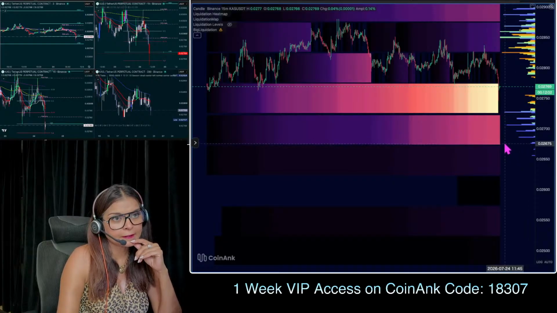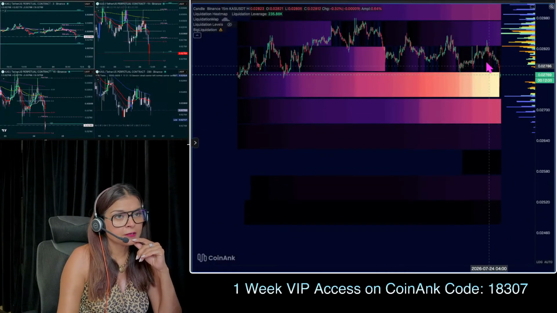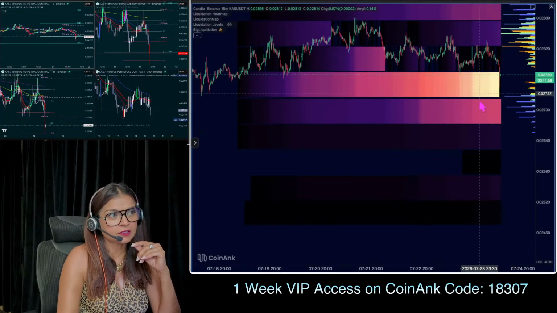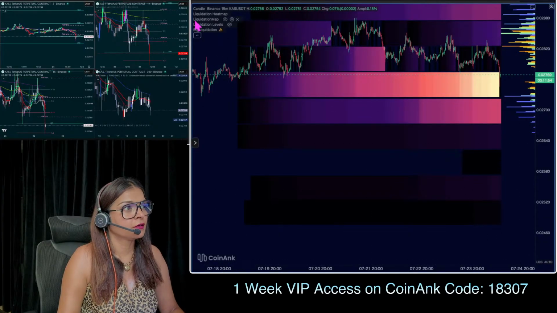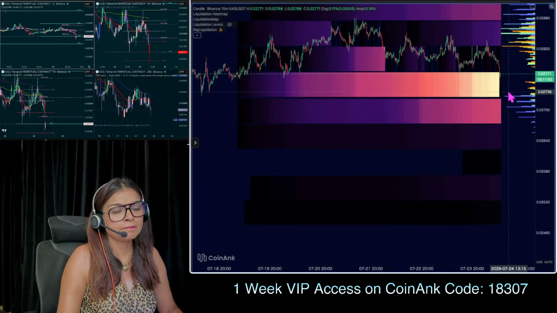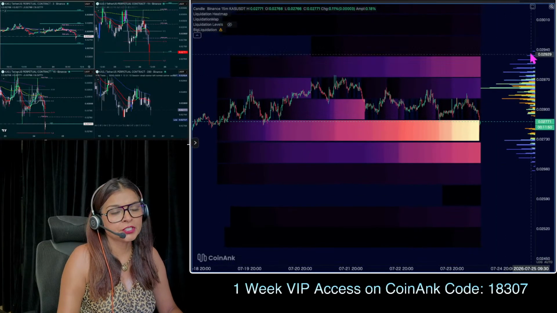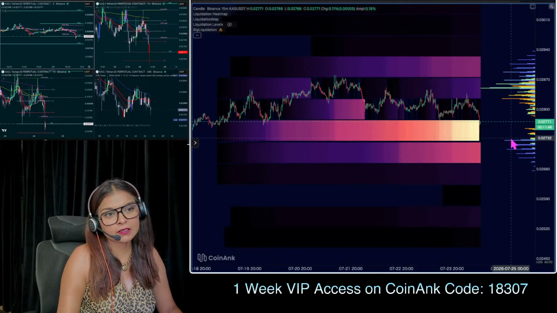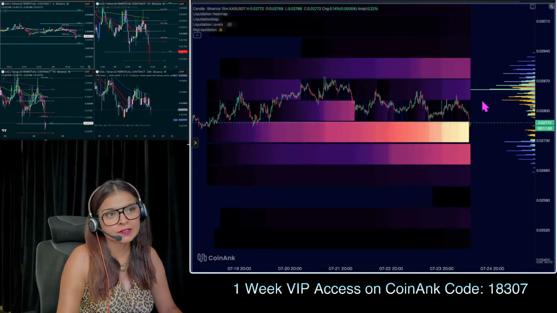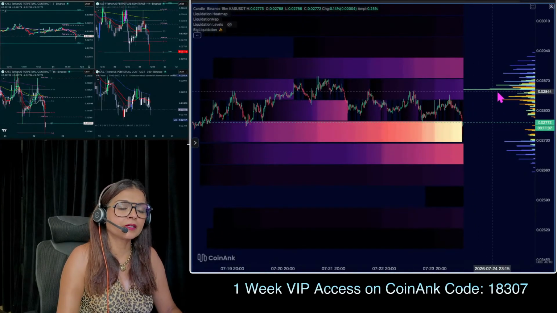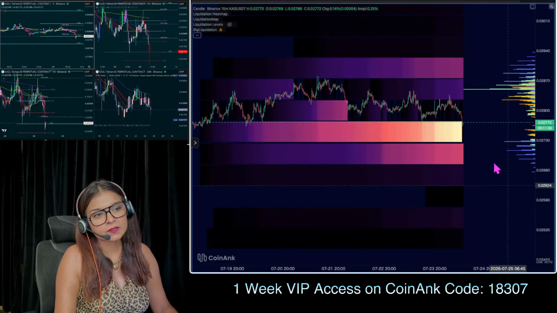My position is still good, but I expect it to come and take all of this liquidation down here for CAS. And again, the liquidation here is low leverage. The redder or the darker, the red or the orange, is higher leverage. And of course, this kind of green here is medium leverage.